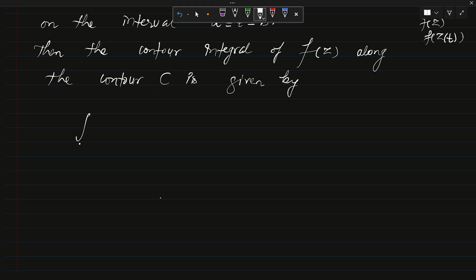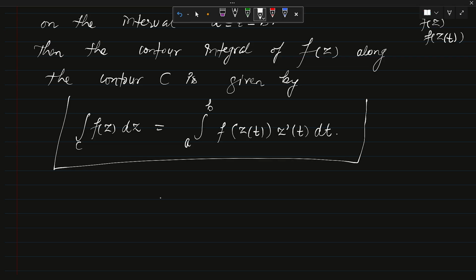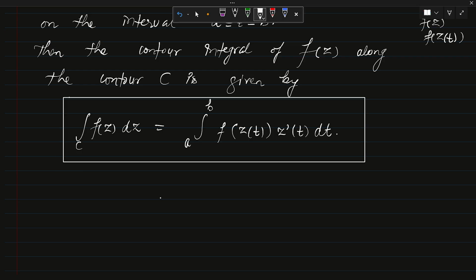So integration along the contour C of this function f of z with respect to the variable z. Now this will be equal to, because we start from the point a to the point b, the value of this function calculated along this real variable t, and then the derivative of this z along t. Okay, so this is the definition of the contour integral when we have the explicit representation of the contour.